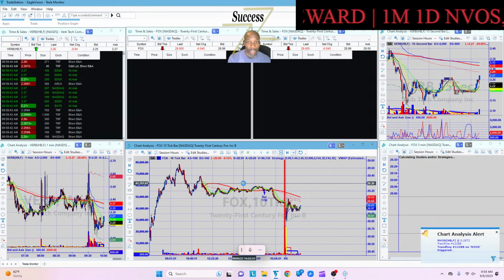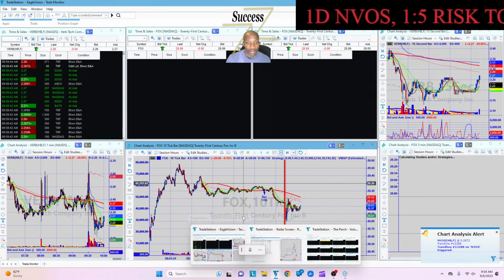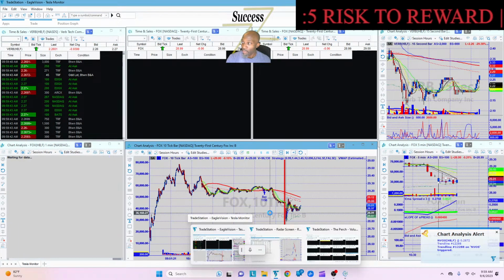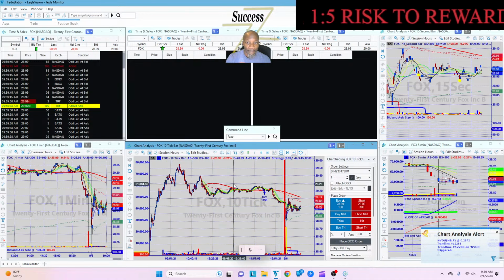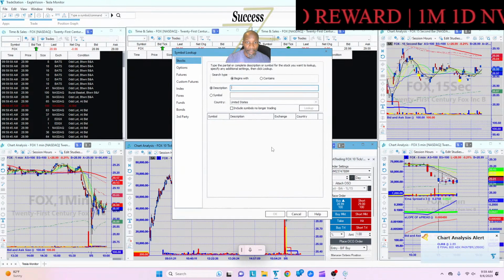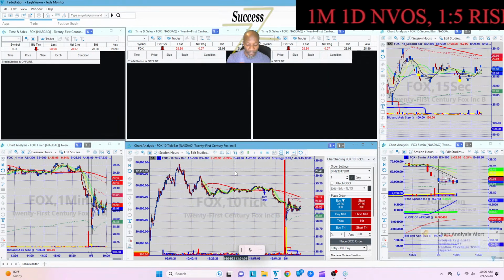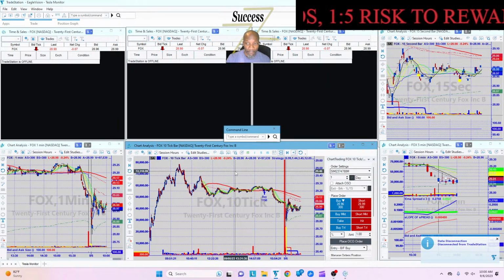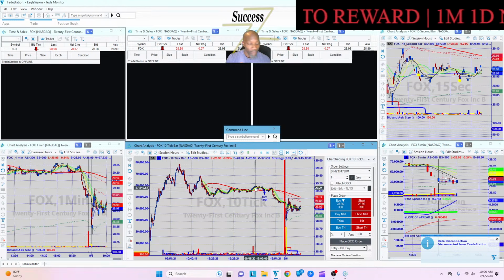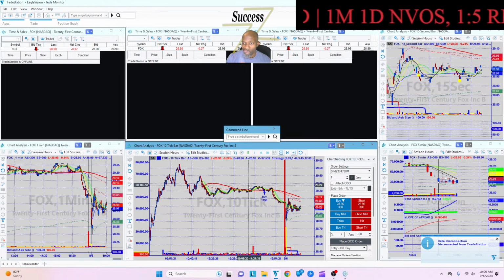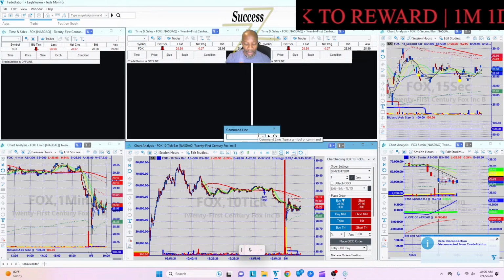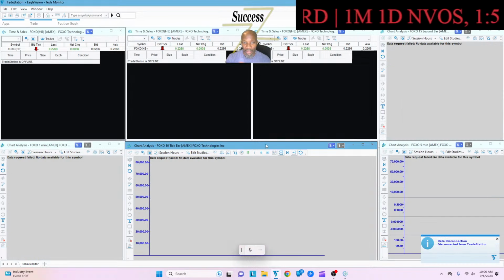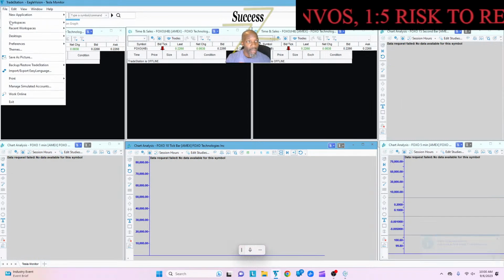Data disconnected from TradeStation. What are you talking about?